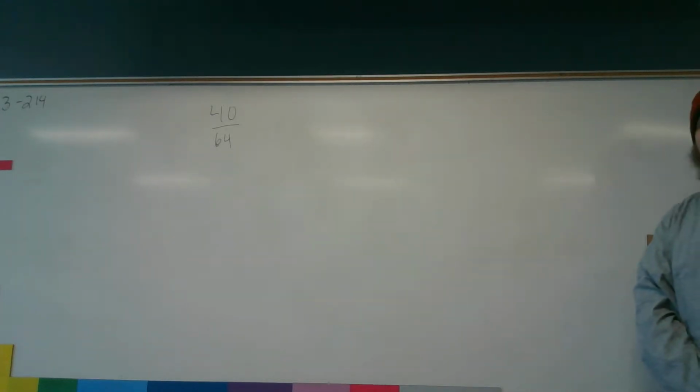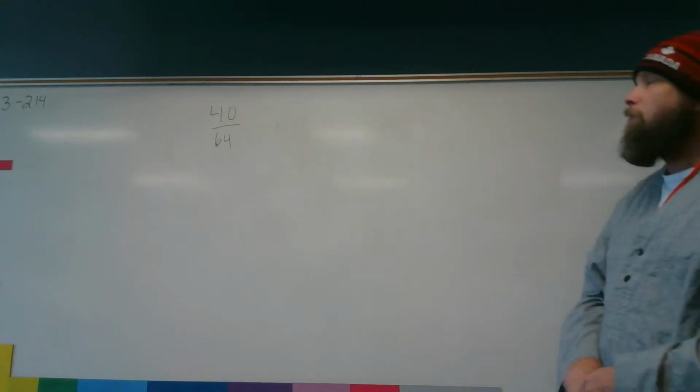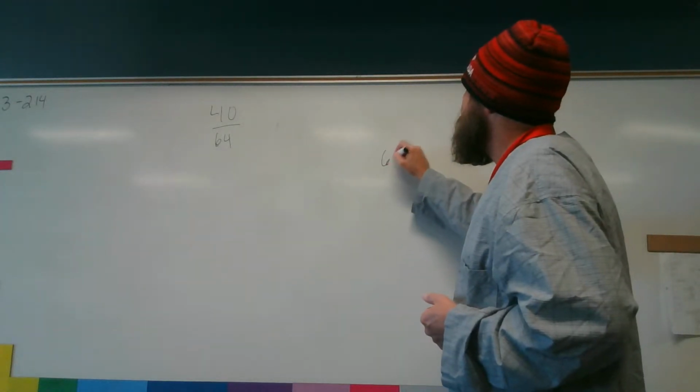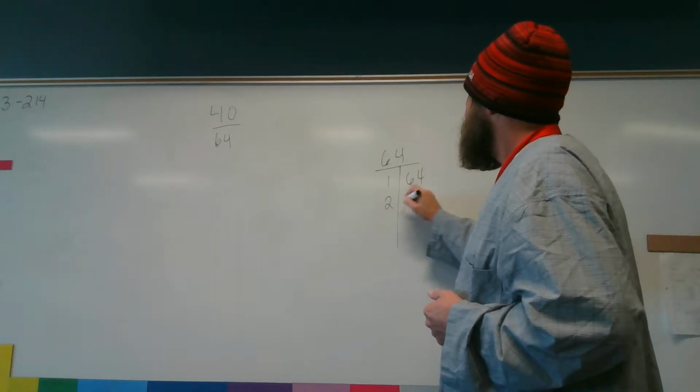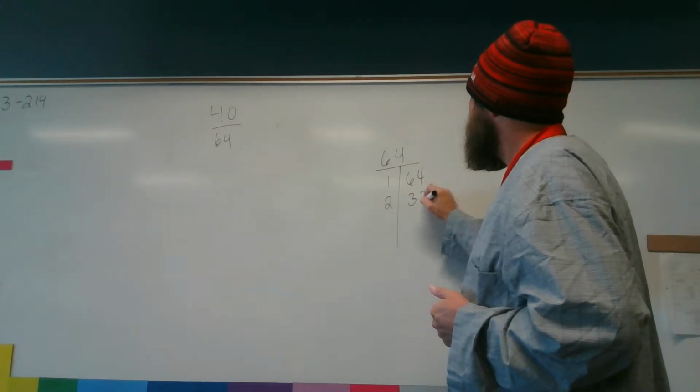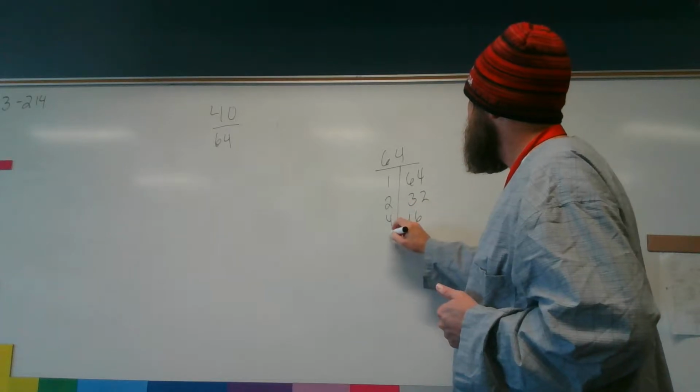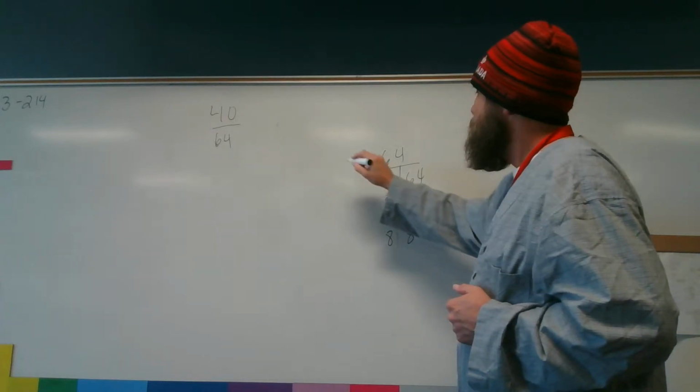So as long as I can find the answer, don't erase your work. Just leave it on there. So we've already done 64, so I'm just going to put that up there again. 2 and 32, 4 and 16, 8 and 8.